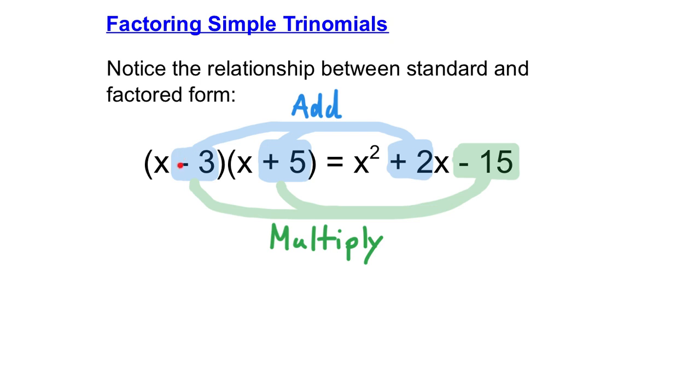And if I multiply the numbers in the brackets, -3 multiplied by positive 5, I end up with -15. So this pattern always holds true when we look at a simple trinomial and how it is in the factored form. The numbers in the brackets multiply to the constant term, and they add to the coefficient on the middle term.